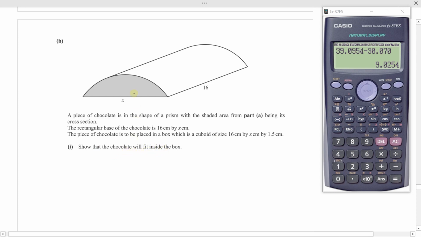So let me draw the box here. So the dimensions of the box is 16, so it's 16 in this direction, and then it is x by 1.5, so x in this direction, and then 1.5 in this direction, right?